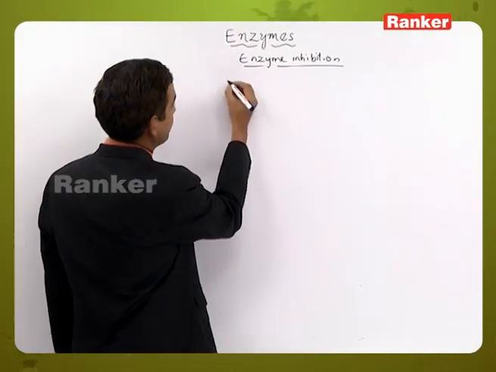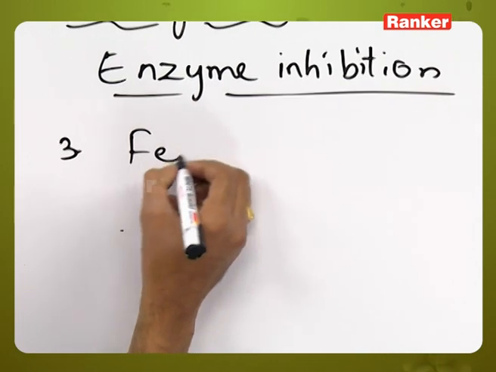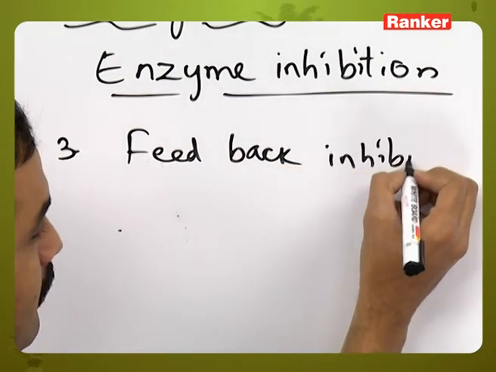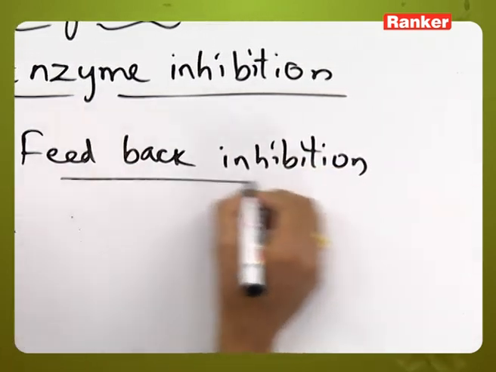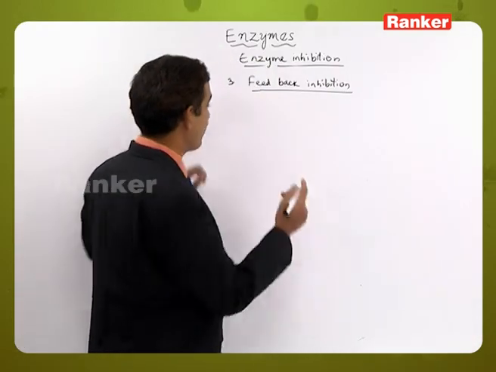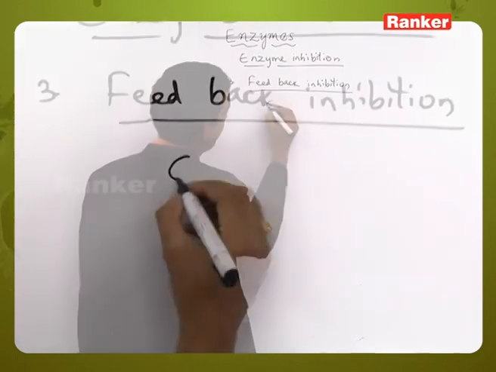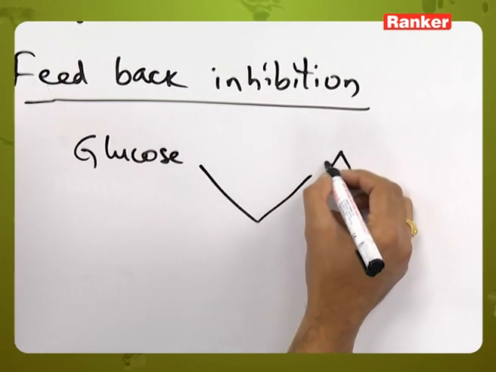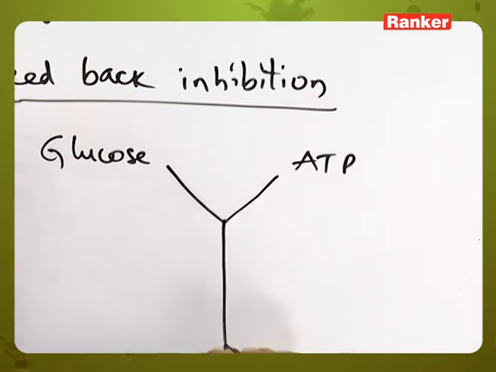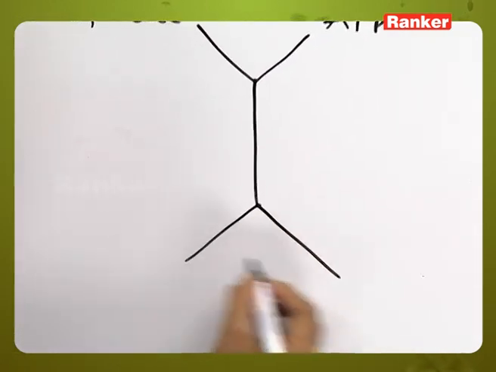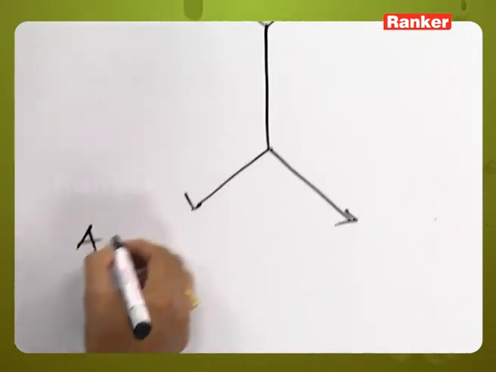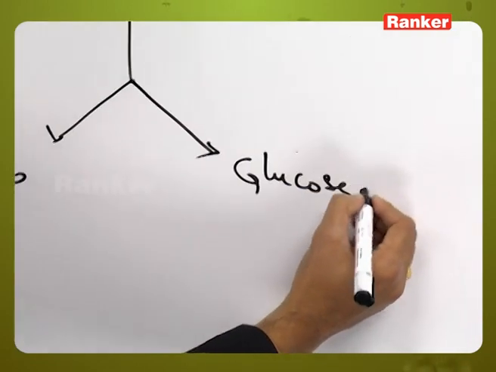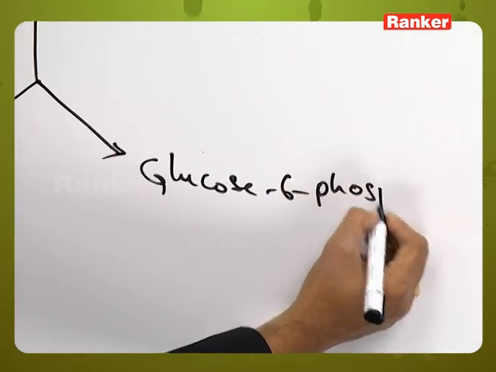Third type is feedback inhibition. Let us take one example related to feedback inhibition, where a glucose molecule will react with the ATP molecule to form ADP and glucose 6-phosphate.